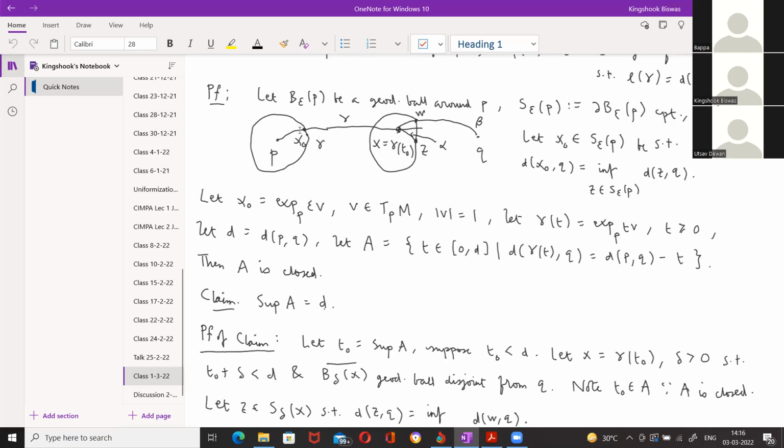So can you repeat this thing? Yes. Do you remember what is the gradient flow of a smooth function? Yes. So you look at the gradient vector of the function. Let's say we're in R^n. You look at the gradient vector of the function, so that defines a vector, right?